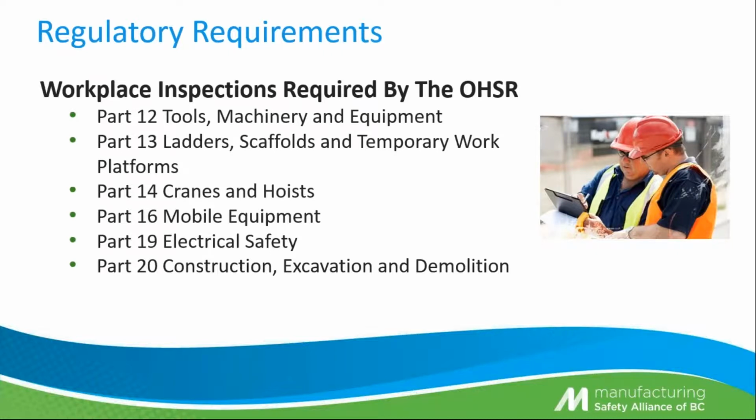Part 13, ladders, scaffolds, and temporary work platforms have an inspection component. Part 14, cranes and hoists have to be inspected daily and also have an annual inspection requirement. Mobile equipment such as forklifts requires a multiple of inspections, including a pre-use inspection every shift. Part 19, electrical safety inspections, and Part 20 covers construction, excavation, and demolition inspections.